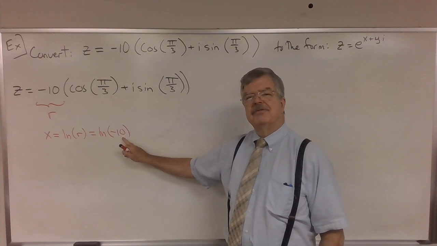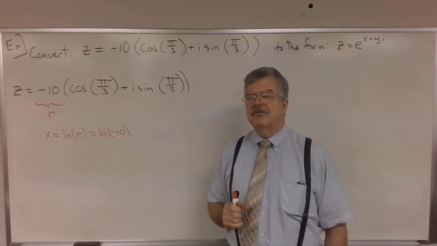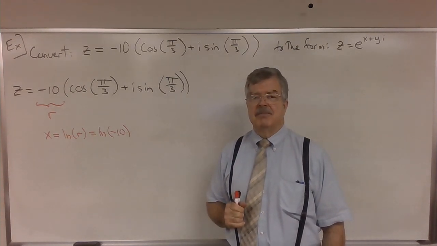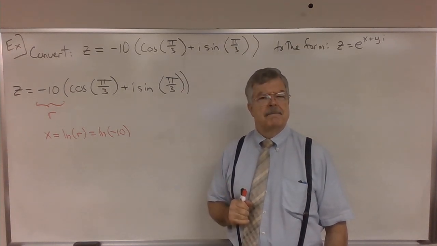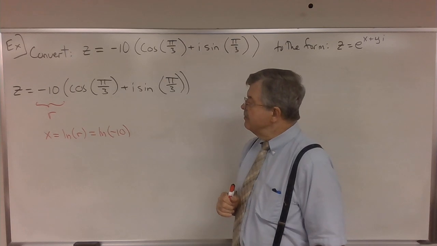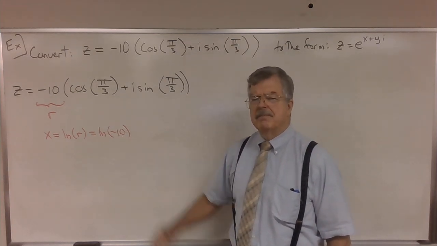In a course in complex analysis, we actually will work with the natural logarithm of a negative number, but we don't know about that yet. But we look at this thing and we do see that we have a problem.